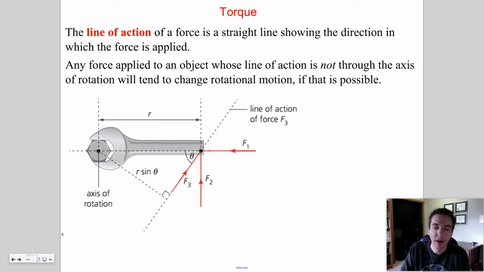The line of action that would produce the least amount of torque, which would be 0, is if you just took a wrench and you pushed on the wrench right towards the nut. That would not cause any rotation whatsoever. So this is the maximum and this is the minimum, and then there's variations in between. If you push at an angle like it's showing there, it will cause some torque, not as good as if you push it at a 90-degree angle to this line right here.